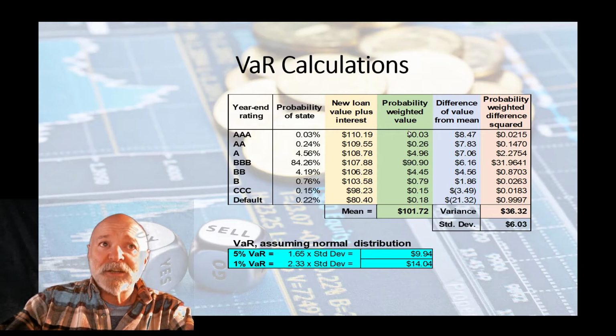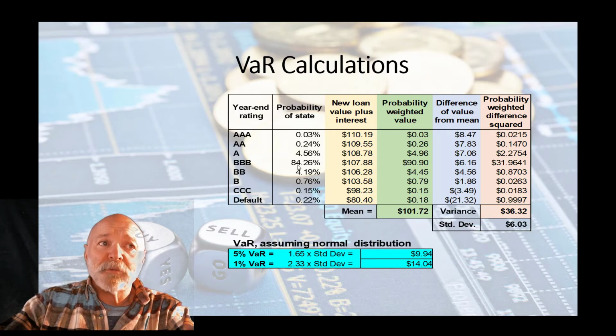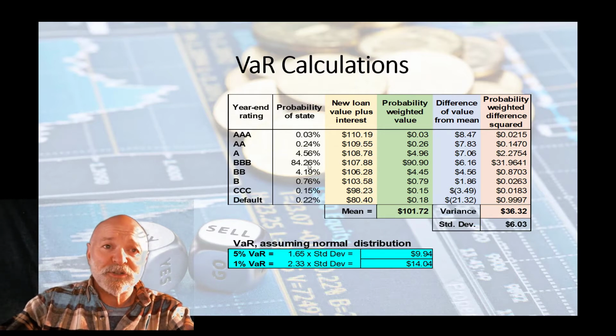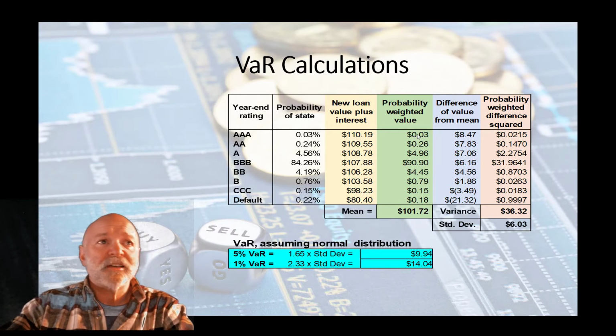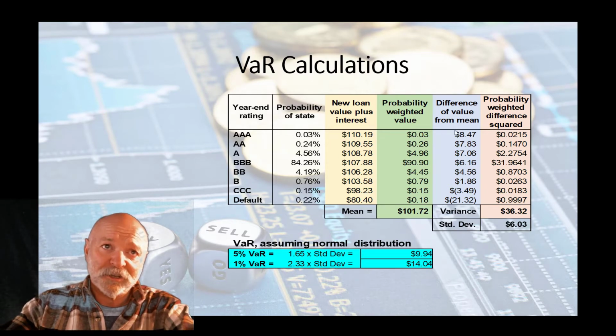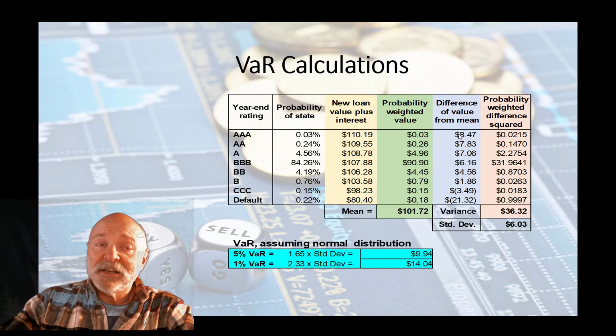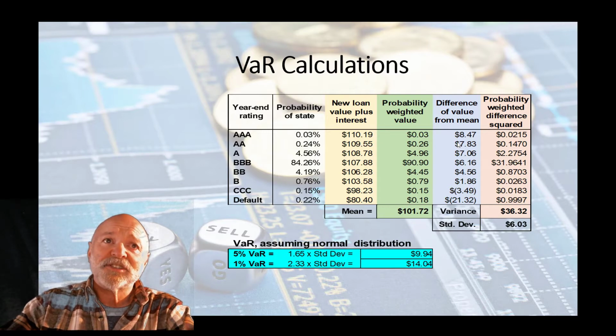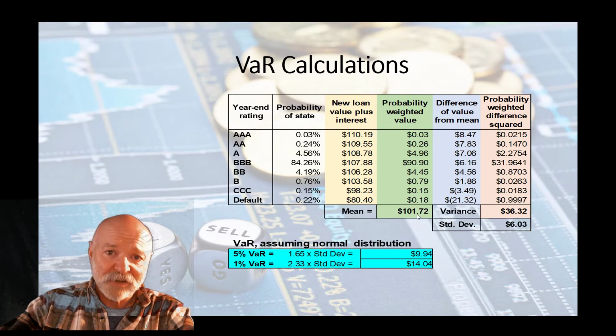The probability weighted value is the probability, 84.26% times 107, so that's where we got the 90.99. This green column is just the value that's in the yellow column beside it times the probability. And then the next thing we get is the difference of the value from the mean. Now we see the sum of all the probability weighted values is 101.72.